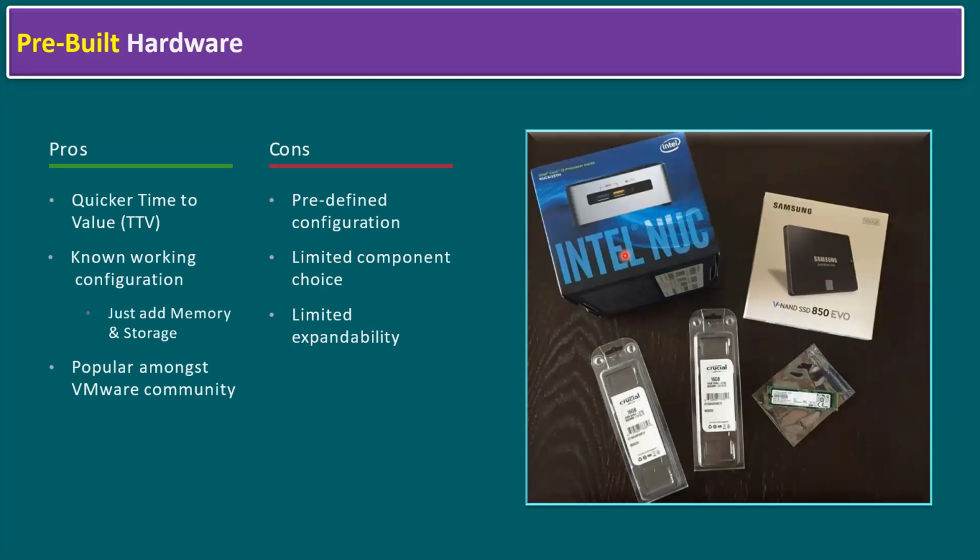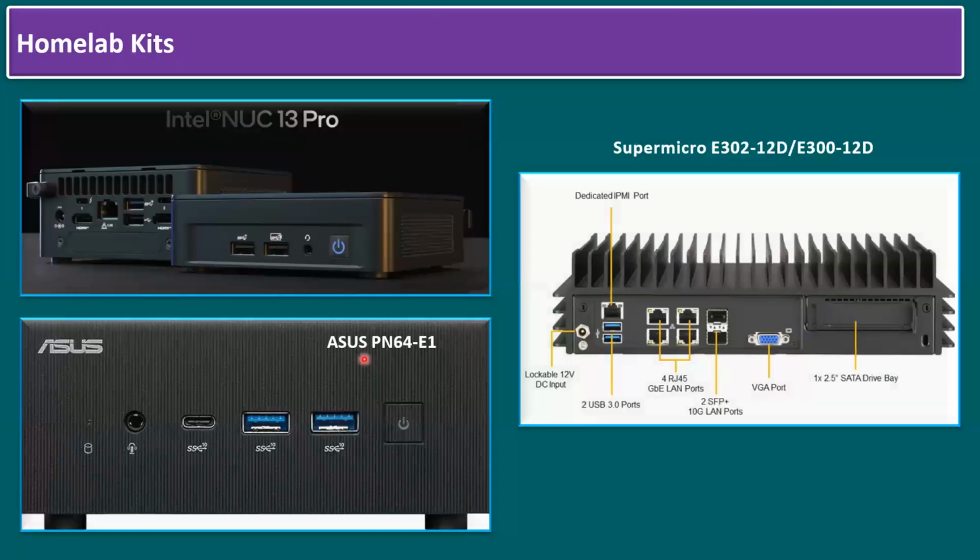For example, most of the time the memory is 64 GB, maybe they will release 128 GB supported memory soon. I'm also waiting for that. And limited expandability. Okay, and here are the most commonly used home lab kits. As I mentioned, Intel NUC and the latest version 13 Pro, and Asus PN64 is also one of the most commonly used home lab kits.